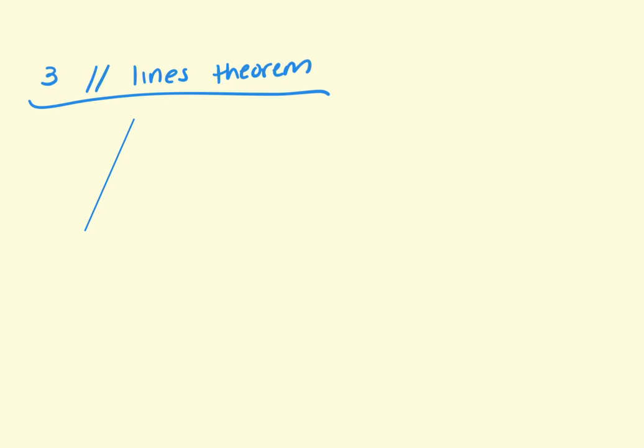The third theorem is the 3 parallel lines theorem, which said if 3 parallel lines intersect 2 transversals, then they divide the transversals proportionally. So if I have 3 parallel lines, and they intersect 2 transversals, then each of these segments are cut proportionally.